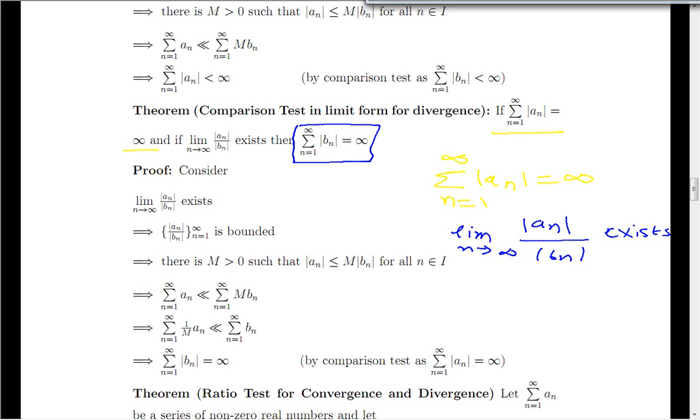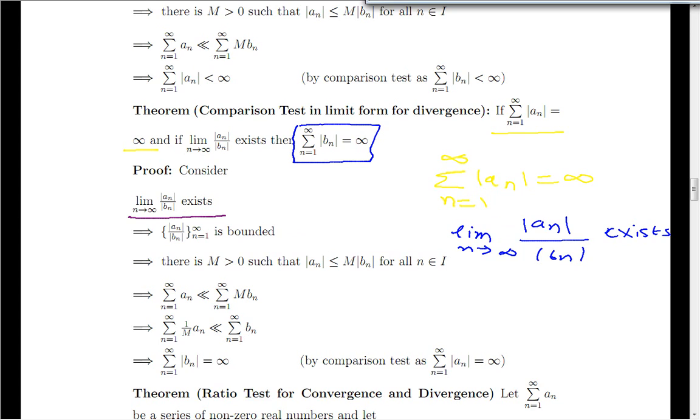So with these two hypotheses, we are now in a position to prove comparison test in limit form for divergence. We begin with the given hypothesis that the limit of |an| upon |bn| exists.